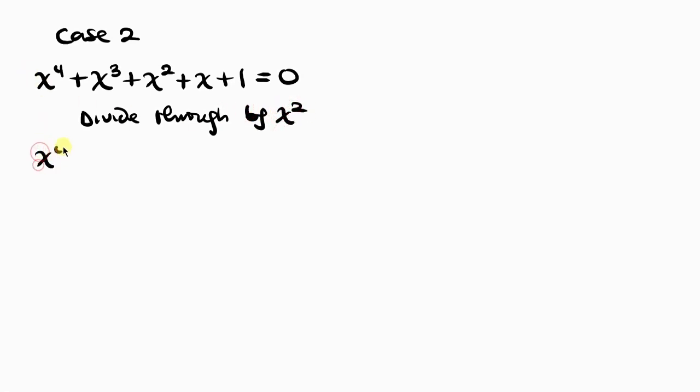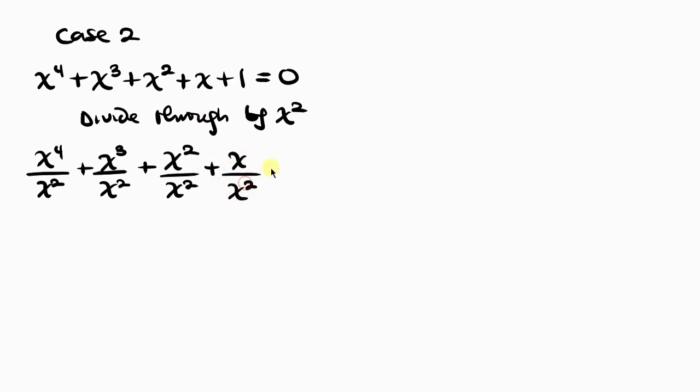So we have x to the 4th divided by x squared plus x cubed divided by x squared plus x squared divided by x squared plus x divided by x squared. You notice I'm dividing through by x squared, and this is equal to 0 divided by x squared.